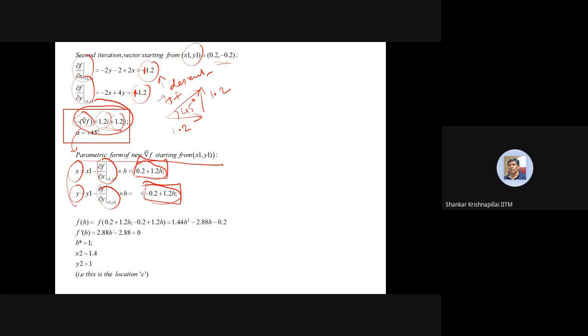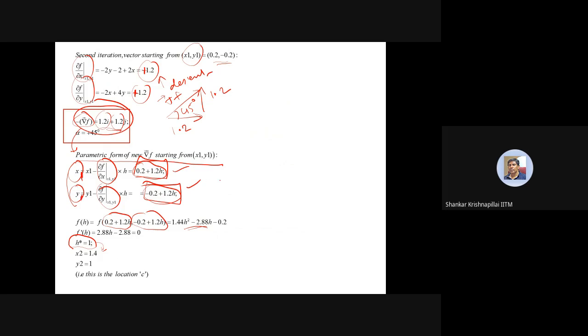Now in the objective function, wherever you see x, you put 0.2 plus 1.2h. Wherever you see y, you put minus 0.2 plus 1.2h. You can differentiate it and you find that the minimum value of h occurs at h equal to 1.